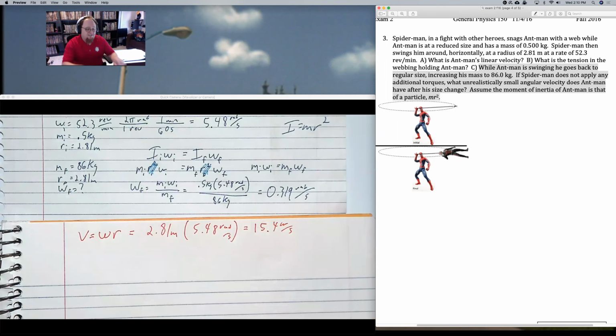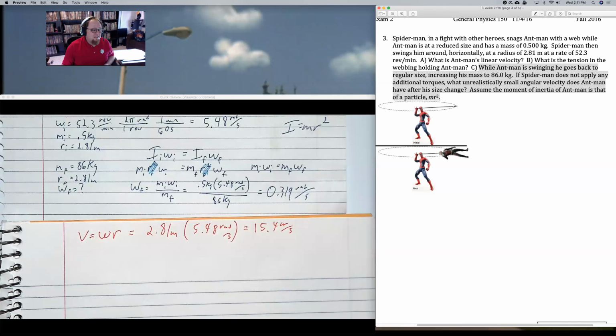Part B is asking for the tension. Now, for problems 3 or 4, in general, if anything with a force comes up, tension, anything else, you're looking at sum of forces equals ma. Sorry, Newton's second law. Forces can show up in torques, so it's either going to be torque or forces, but a lot of the time it's going to be Newton's laws.